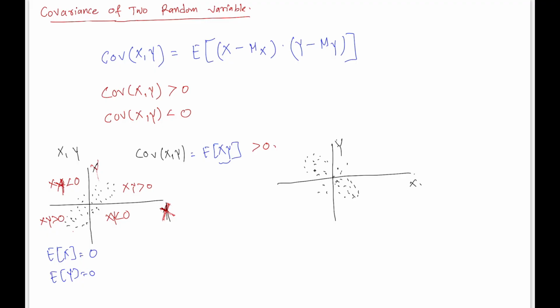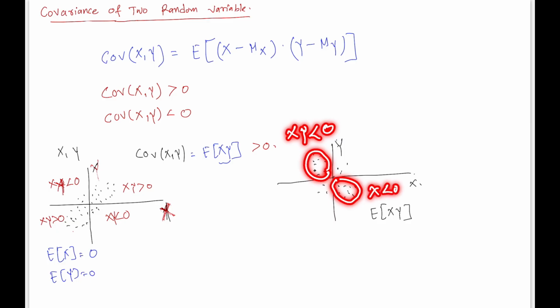So if I ask you in this case what the average, or expected, value of the product of x and y would be, most of the points are falling in this quadrant and in these two quadrants, and here the product is less than 0, and here also the product is less than 0. Looking at the total trend of this data, on average the expected value of this product, xy, would be less than 0, right?